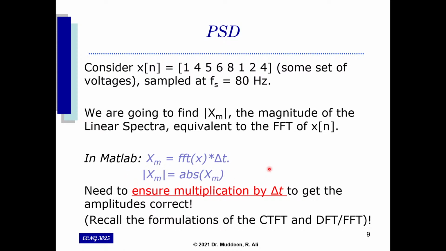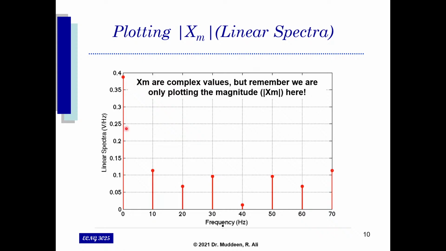When we plot this, we see that for each bin spacing, where our bin spacing here is 10 Hz, we have some amplitude associated with the absolute values. At 0 Hz, this point is what we refer to as the DC component of the signal. All instances afterwards are the frequency, or AC, components of the signal itself.